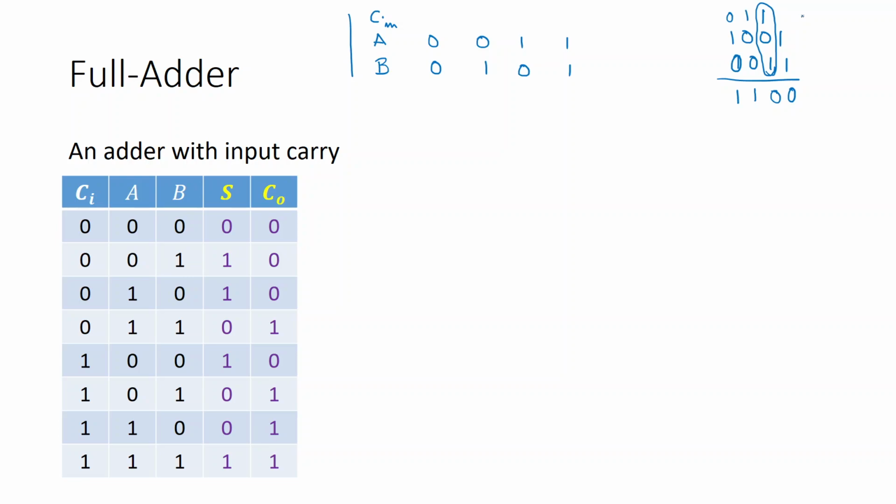And the initial carry bit is always 0. So for each addition, I will have one set where the carry is 0, and another set where the carry is 1, with the same additions.